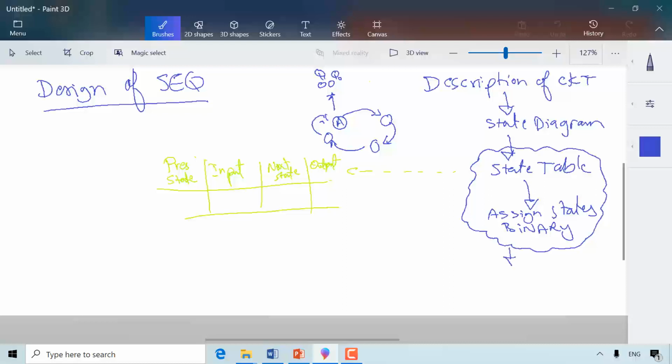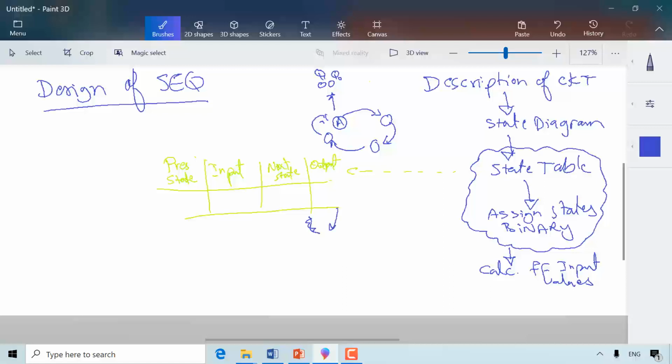Then we have to find the flip-flop input values, so we calculate them. In this table, we add another column.